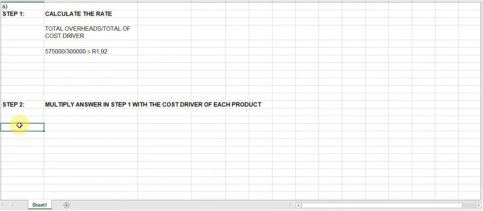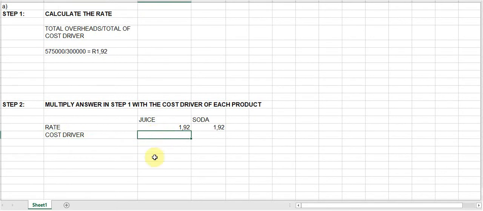In step 2, we need to multiply our answer in step 1 with the cost driver for each of the products. So we have the first product, which is the juice bottles, and we have also soda bottles. Then we start with our rate that we calculated in step 1, 1 rand 92, and then we need to go and find the cost driver for that specific type of product.